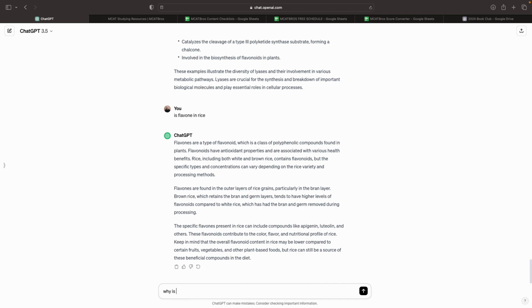Why is phosphoglucose isomerase named as such? Explain it by relating the name to its function.